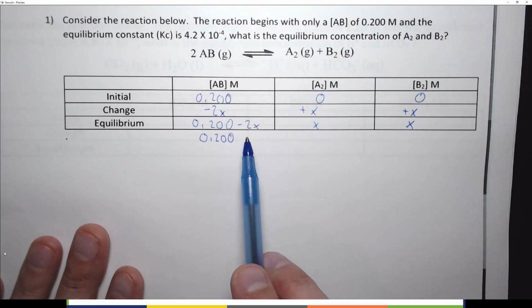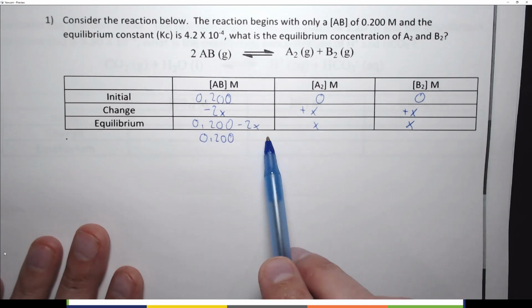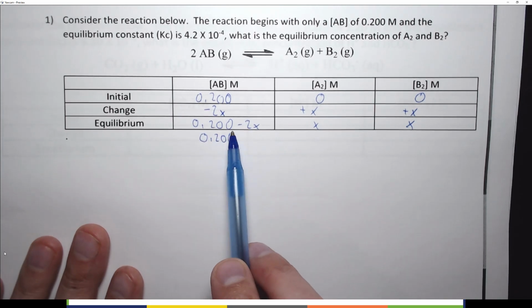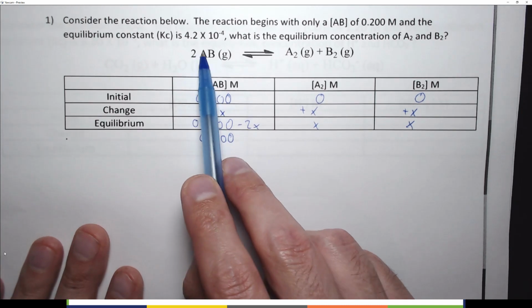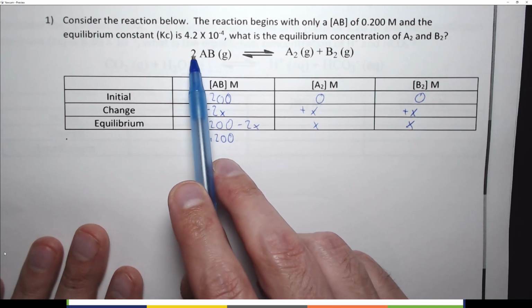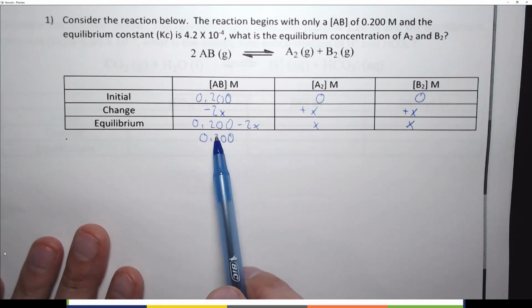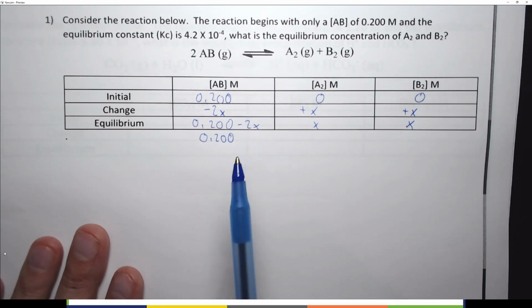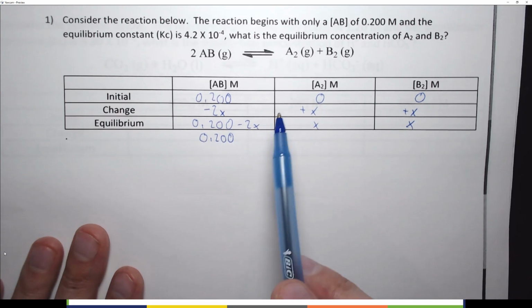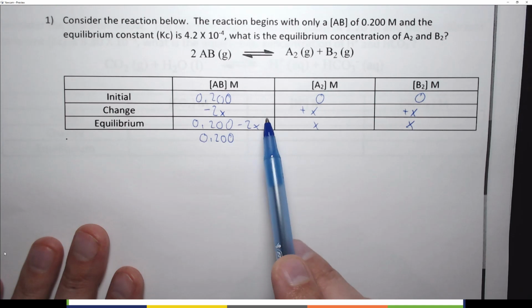But at the end of the day, you would have to use the quadratic equation because I'm going to have 0.200 minus 2x squared in my equilibrium constant expression, because it's going to be raised to the second power for AB. That would force us to use the quadratic equation to solve it. In these examples given in this book, I am not going to give any example where you can't ignore x. Okay?